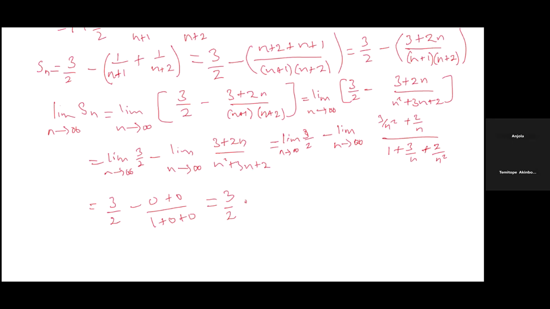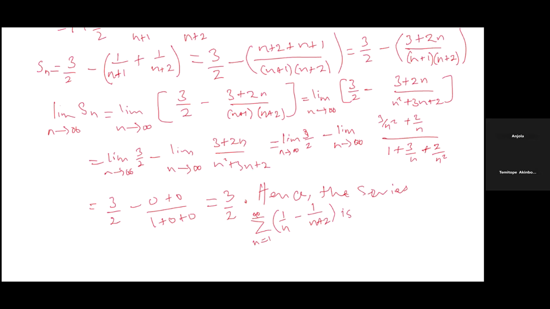Hence, the series, the summation of 1 over n minus 1 over n plus 2, n running from 1 to infinity, is convergent. It's finite. Why is it so? Because it is a telescoping series whose partial sum is finite.